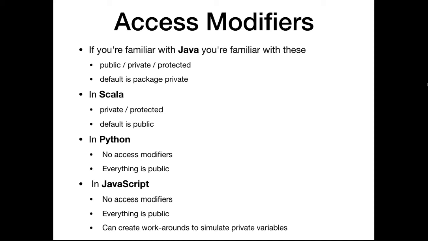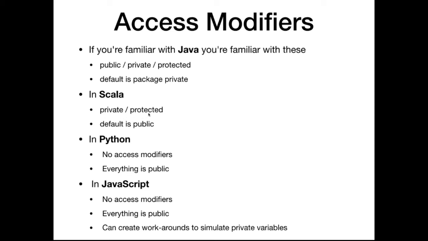Even once you create an object of the class, you can't access the private variables. Protected means only classes that extend that class or are in the same package can access it. Then package private, the default, means only classes inside the same package can access those variables. Even if another class in another package extends this class, it still can't access those variables.